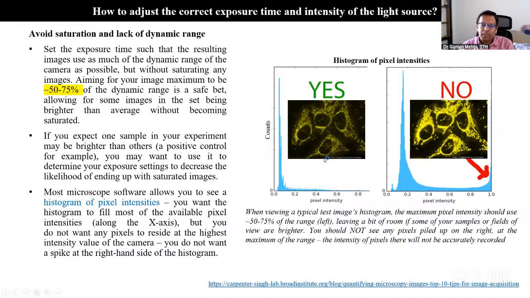So while capturing the image, what should you consider? See, this is the histogram of pixel intensities, and on the x-axis, the pixel intensity values are there. That means 0 represents the dark pixel, and on this side 1 is the highest number. So 1 represents the brightest pixel. Let's say this is an 8-bit image.